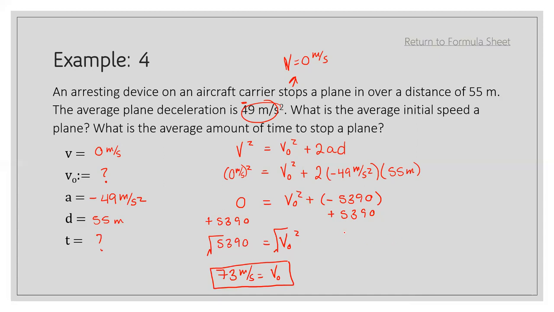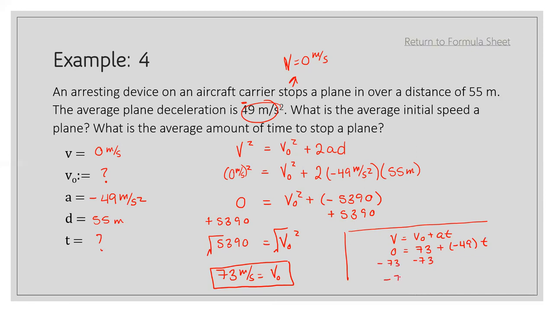So equation 1, to find time, velocity equals v naught plus at. Plugging our information in, we know 0 is equal to 73 plus negative 49 times time. We want to move the 73, so we're going to subtract it from both sides.